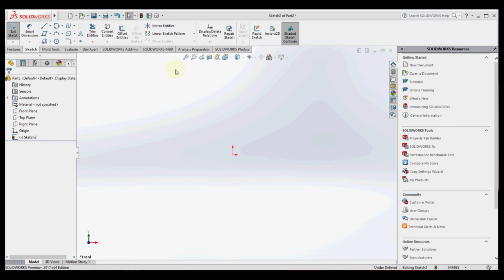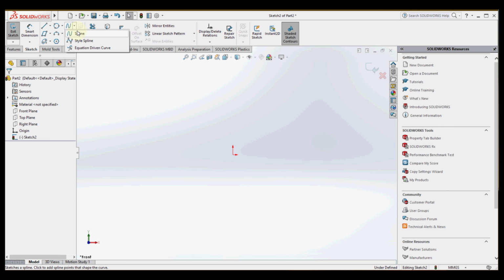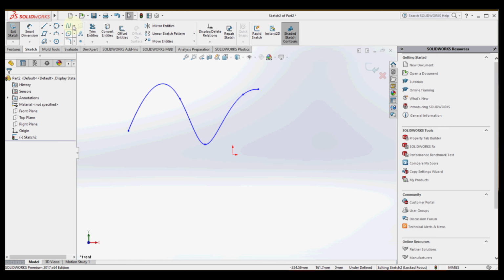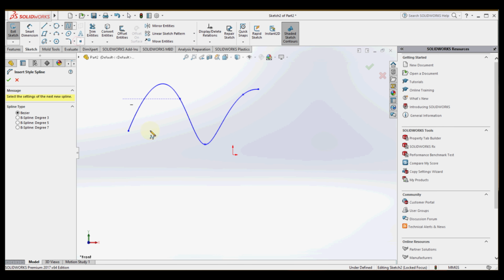The next topic is about spline. Spline is a free drawing sketch. Spline in SolidWorks can be drawn in 3 types. One is by points making a spline. Another is by making it tangent to the lines.